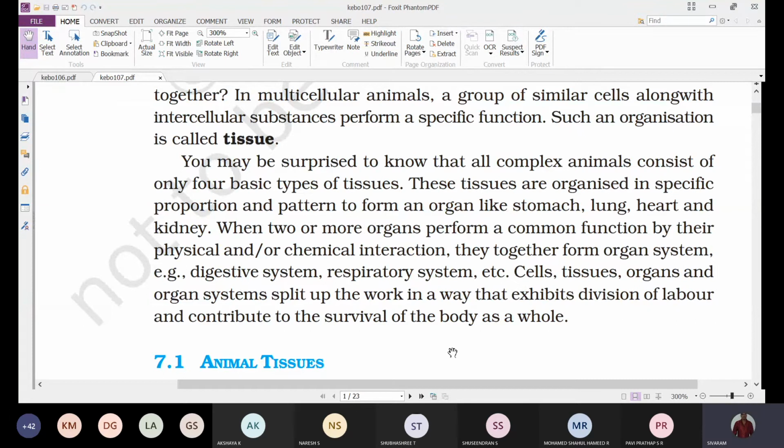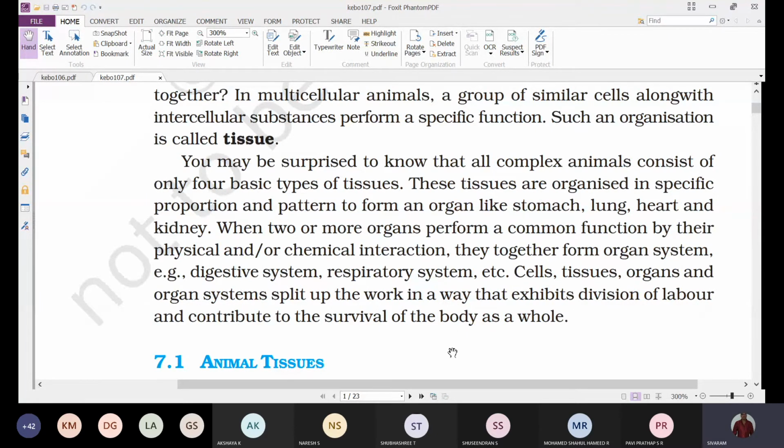These are only organized in different ways, different structures, and to perform different functions. In the same manner, in animals also, we are observing basically 4 types of tissues, and these tissues are present in different forms in different parts of the body, like stomach, lung, heart, and kidney, to perform different functions.